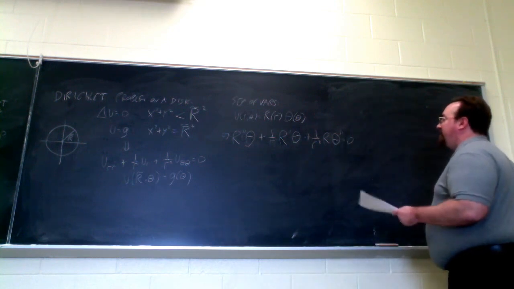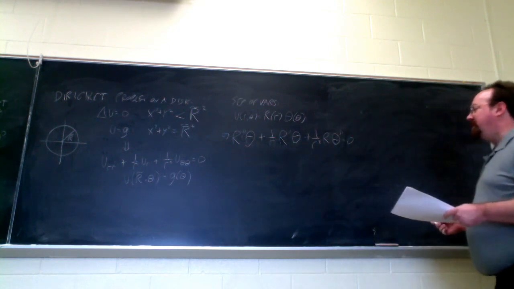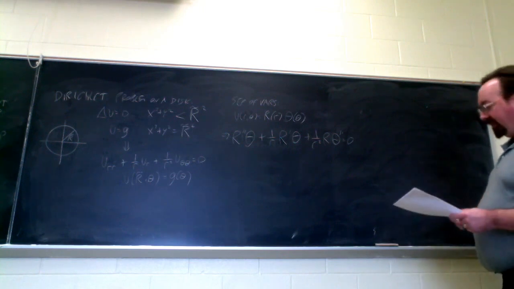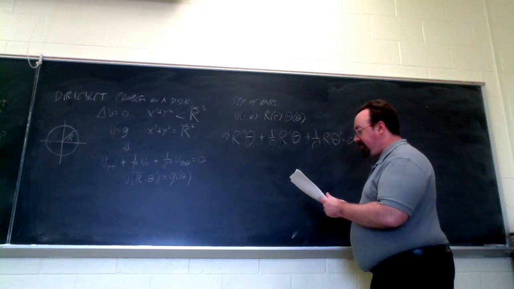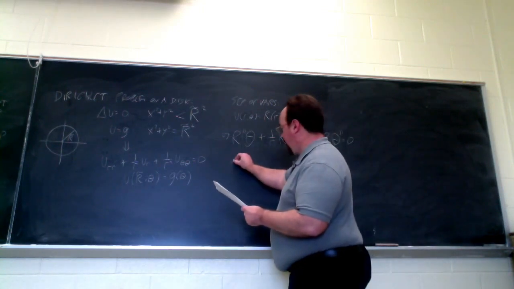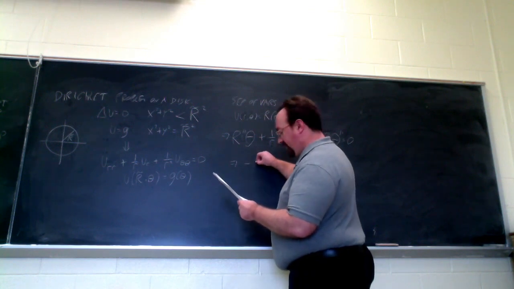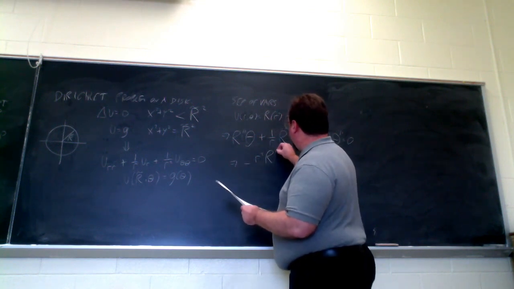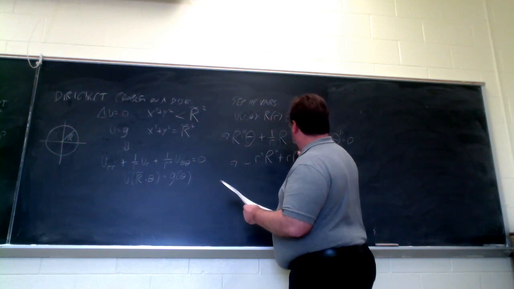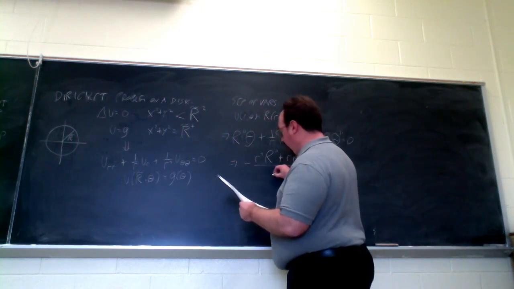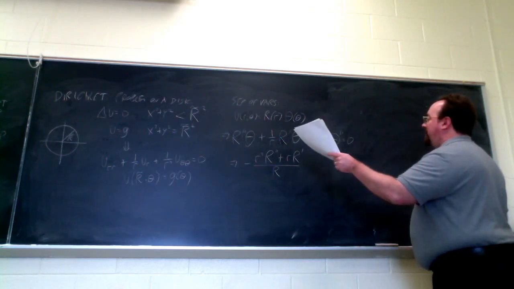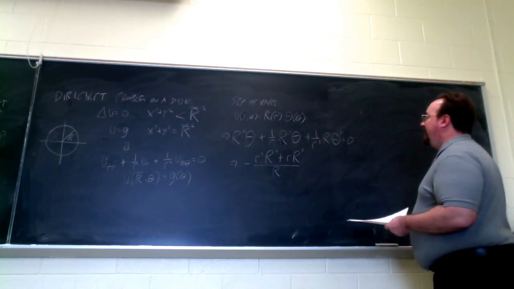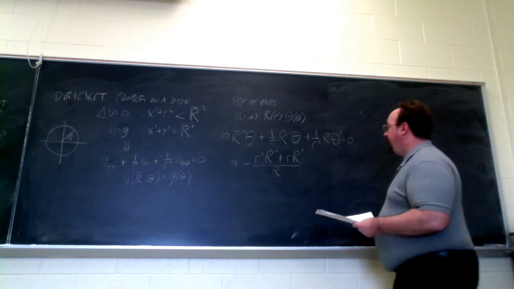And then we rearrange this, isolating everything depending on r on one side and everything depending on theta on the other side. We get minus r squared R double prime plus r R prime over R, which basically comes by multiplying through this entire equation by little r squared.